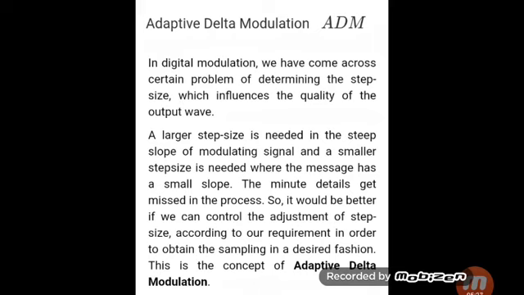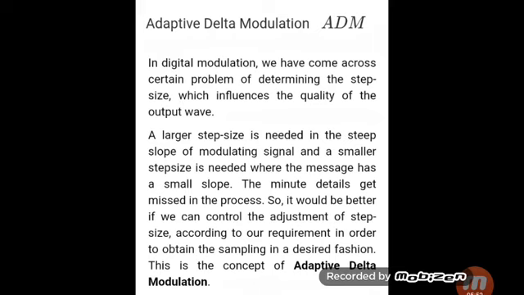The minute details get missed in the process. So it would be better if we can control the adjustment of step size according to our requirement in order to obtain the sampling in a desired fashion. This is the concept of adaptive delta modulation.